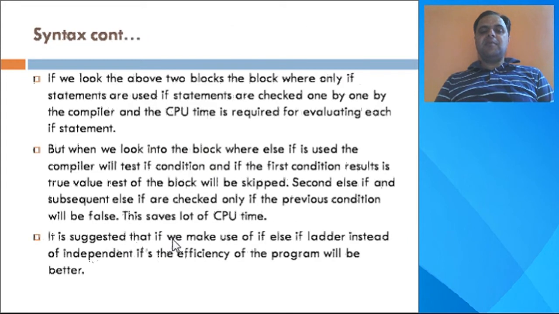So it is suggested that if you make use of if else if ladder instead of independent ifs, the efficiency of the program will be better. We have to use if else if ladder instead of many independent ifs, and the efficiency of the program will become better.